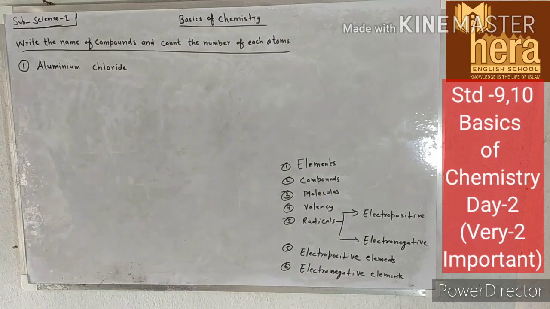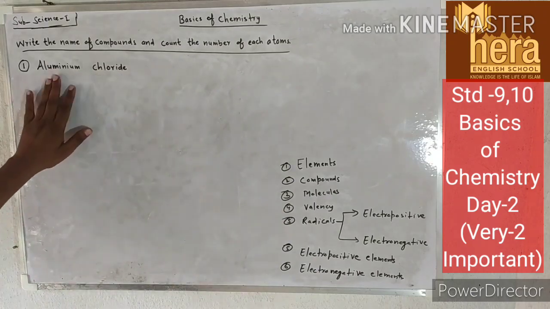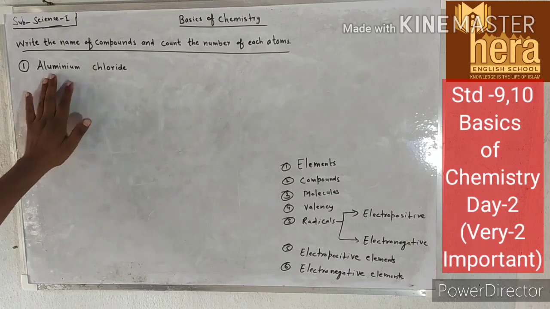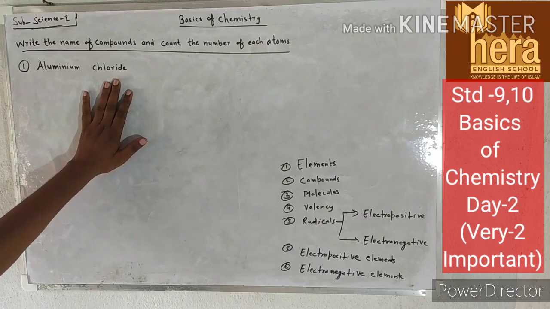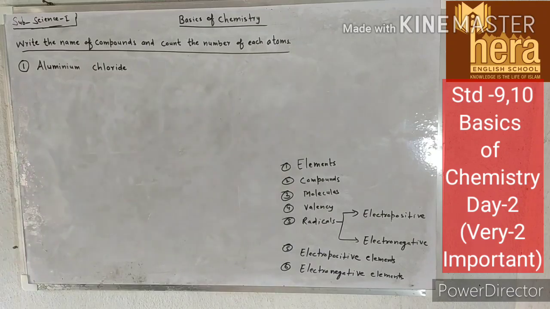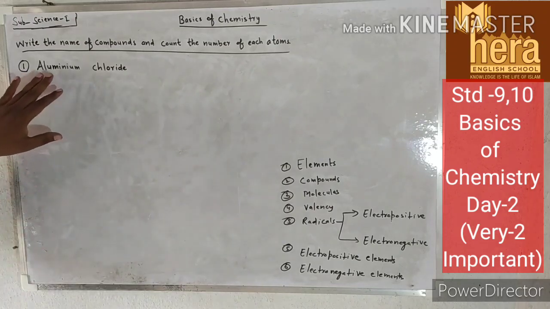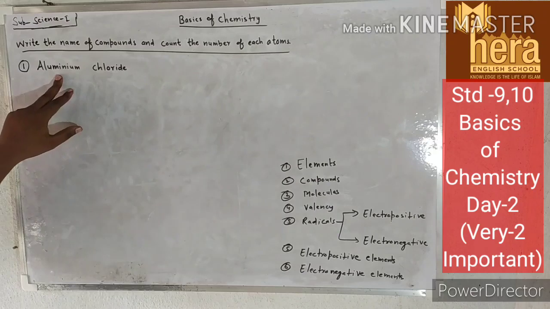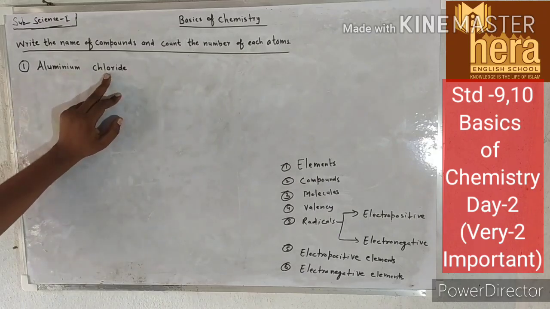So first example is aluminium chloride. In English, it is written aluminium chloride. Now you have to write it in chemistry language. So first of all, the symbol of aluminium is Al and the symbol of chloride is Cl.